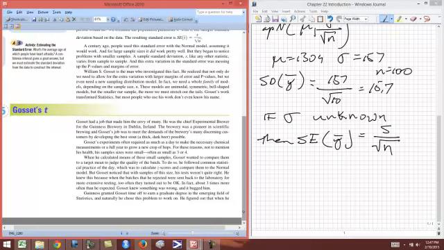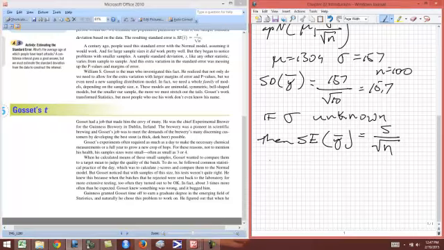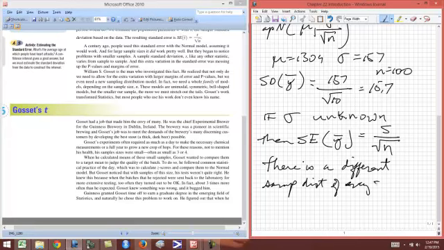Namely, we no longer are going to have a normal distribution if we use this for the standard error of y bar. So this guy Gossett, working for the Guinness Brewery Company, came up with a solution, and that is there is a different sampling distribution for every sample size.